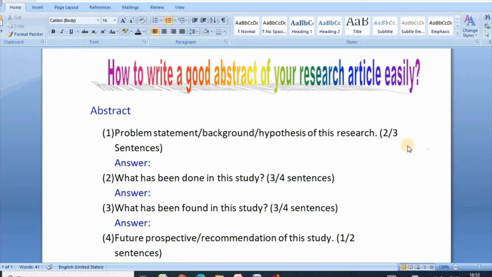A reader will consider reading your article if the abstract stands alone. So now I will show you how to write an abstract easily.